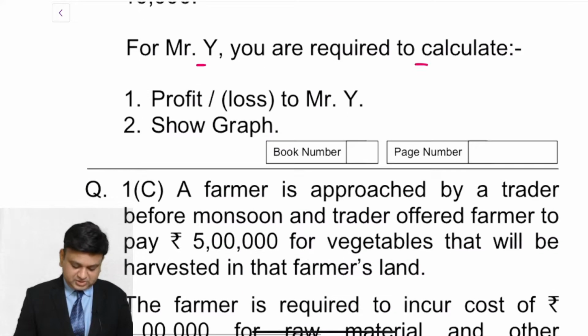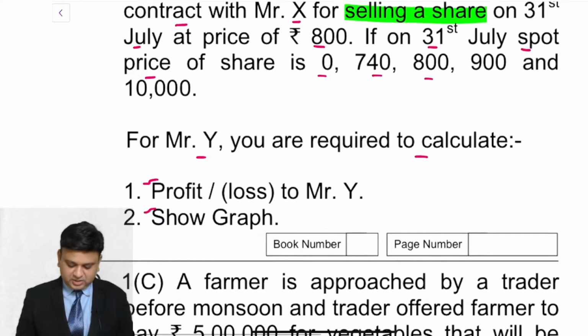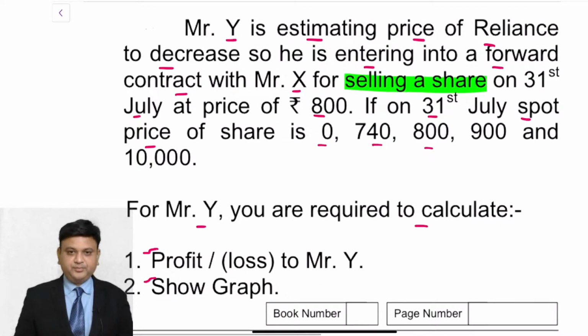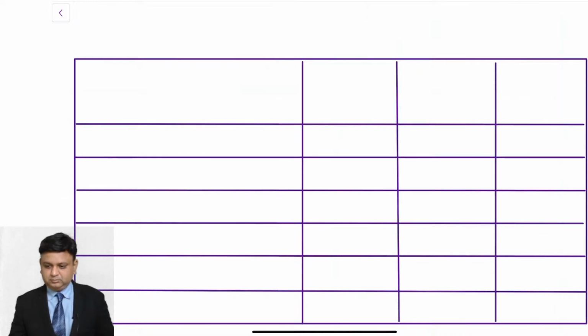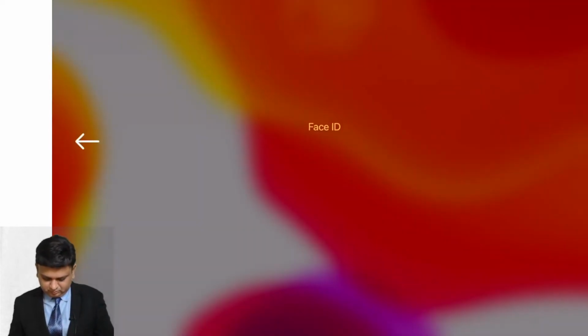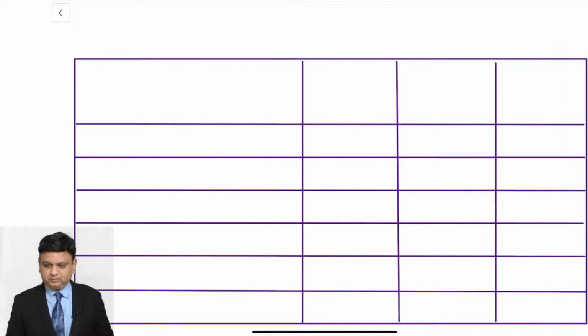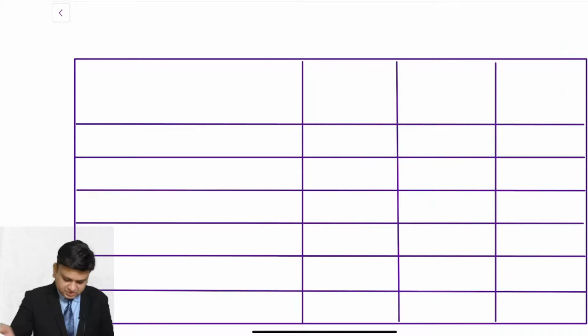There are two questions. Try to complete the answer and put your answer in the chat box, and draw the diagram also. So write down the answer of the question.